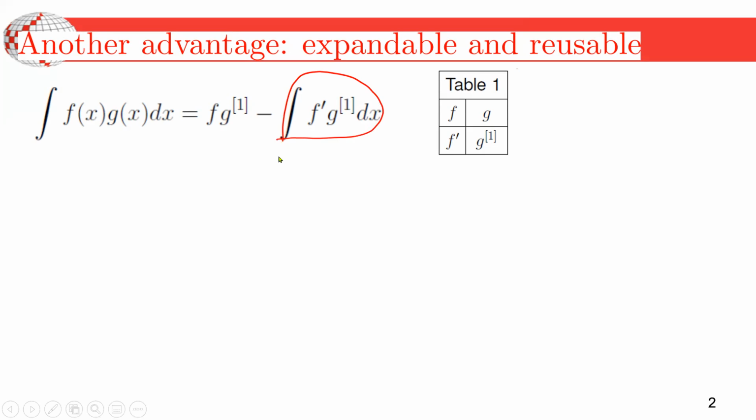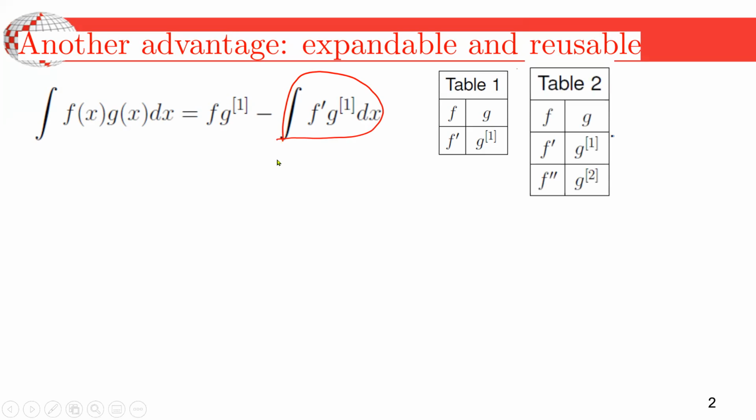What we do here is simply expand this table 1 to table 2 by differentiating f prime, we get f double prime, and by integrating g1, we get g2. So we easily get this new table. Now we apply the formula we stated here to the integral on the right-hand side.